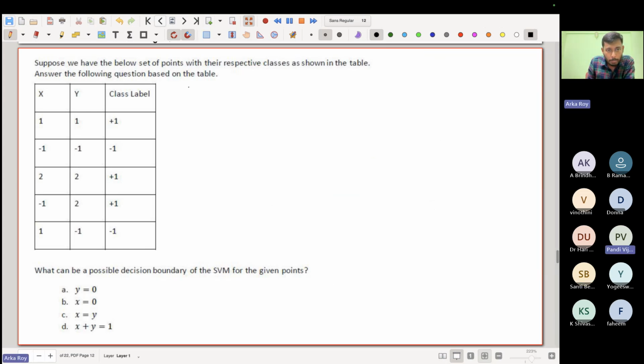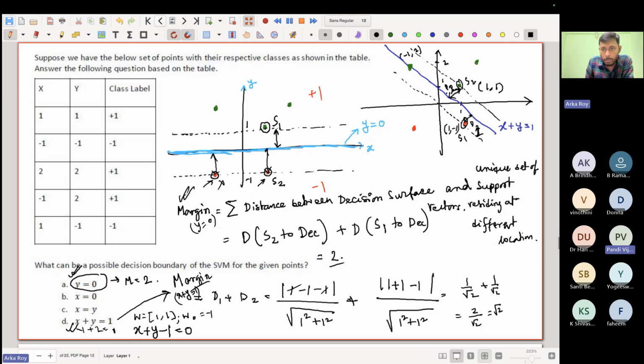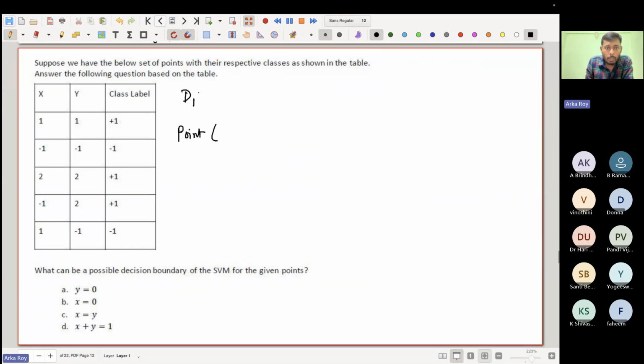हाँ, ठीक है. For example, when I calculate D1, if I go to the previous slide, my point is S1. So S1 point is at -1 comma 1. So I can consider x is -1 comma 1. So this is the point.